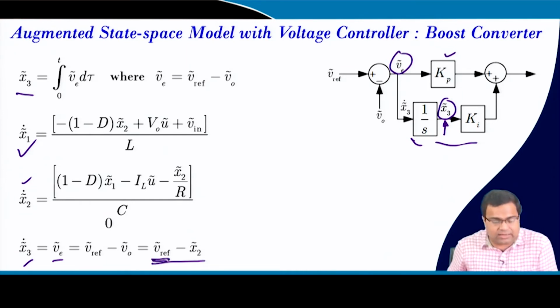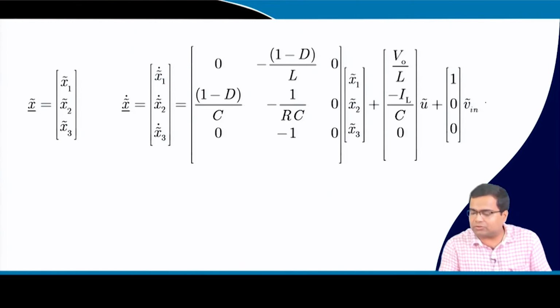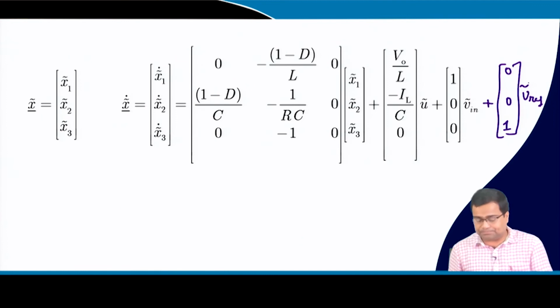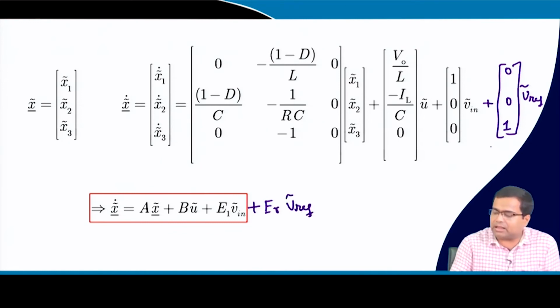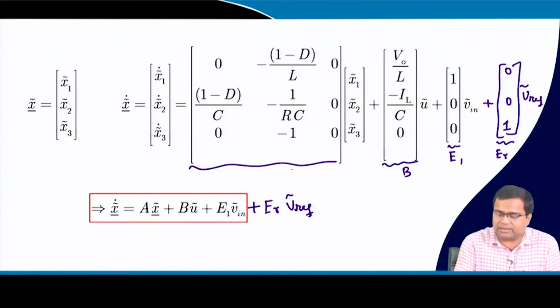So you can write one more term, 0, 0, 1, into Vref perturbation. Here this is my ER, this is my E1, this is my B, and this is my A.